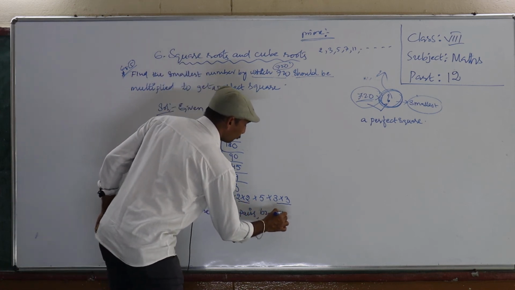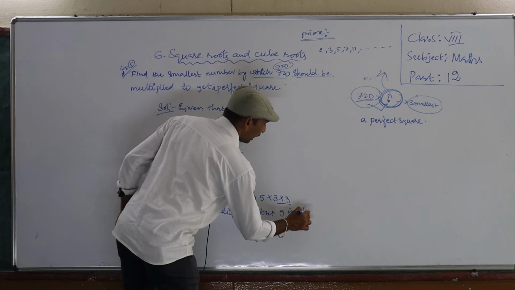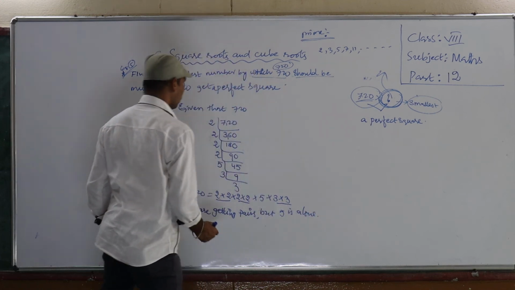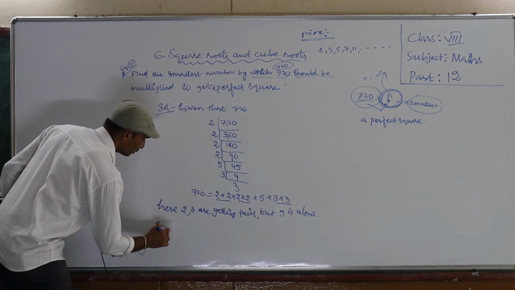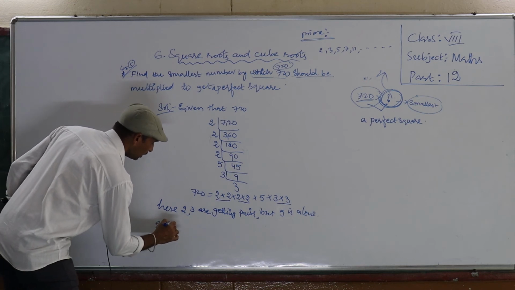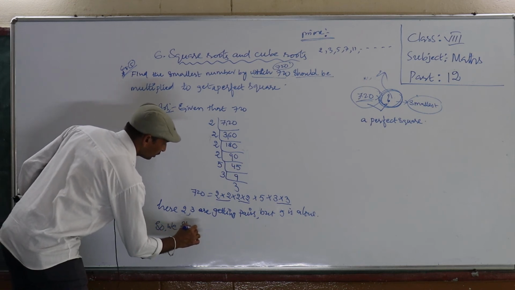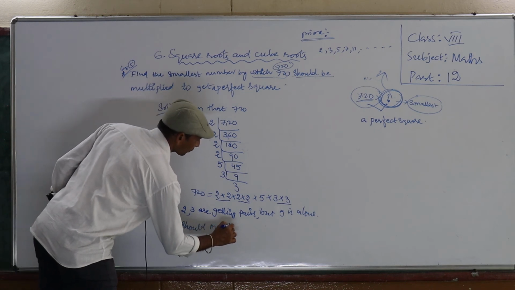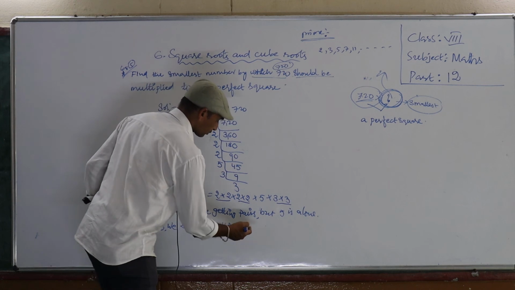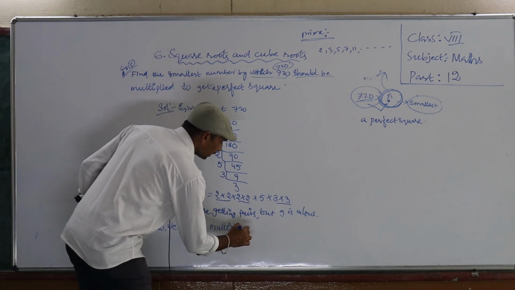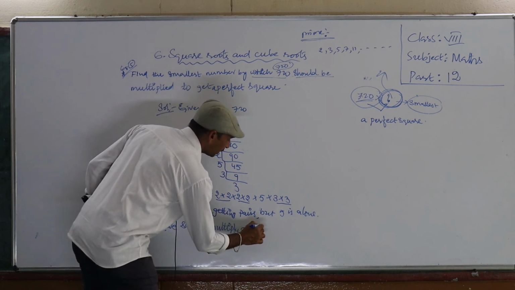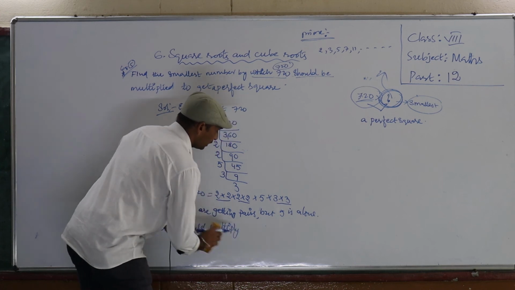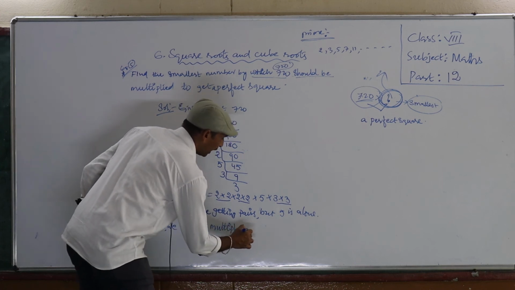but 5 is alone. So we should multiply the given number by 5.